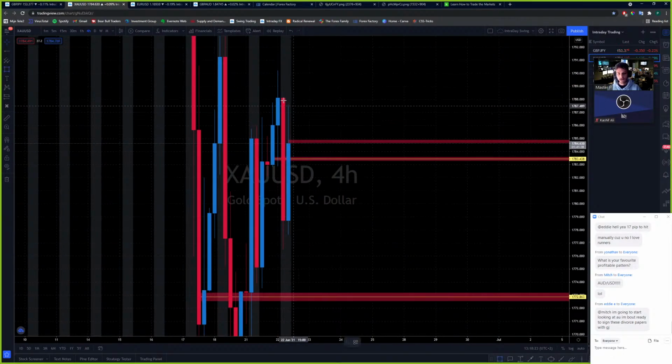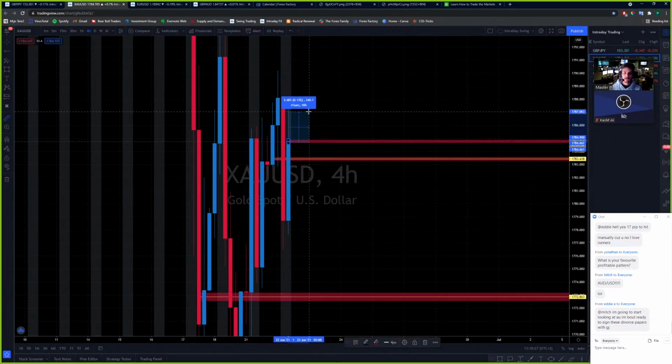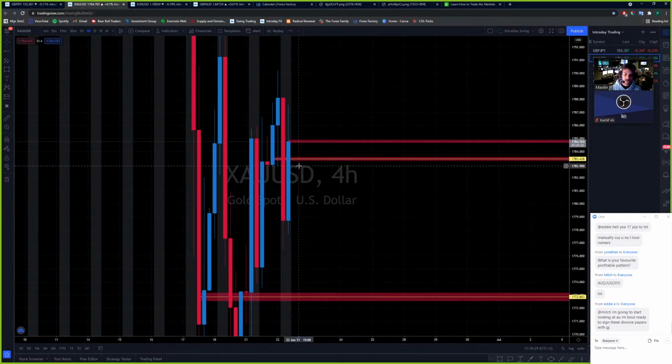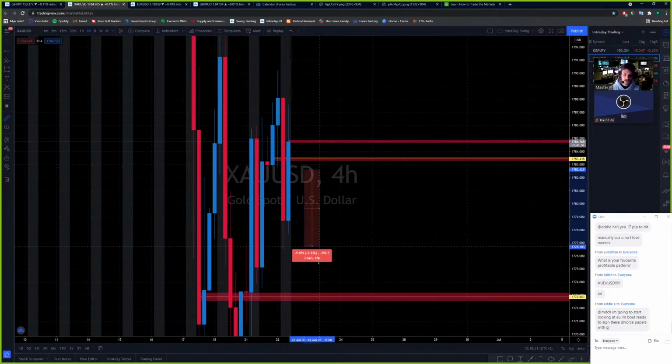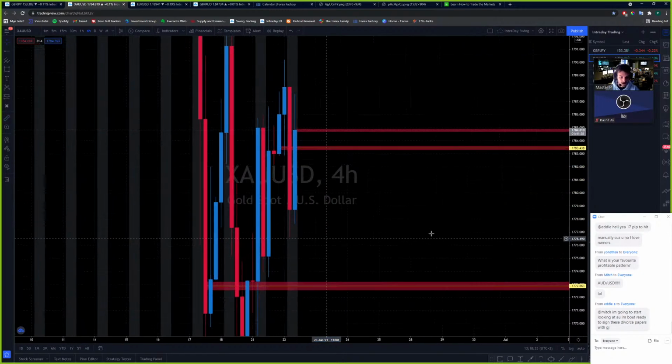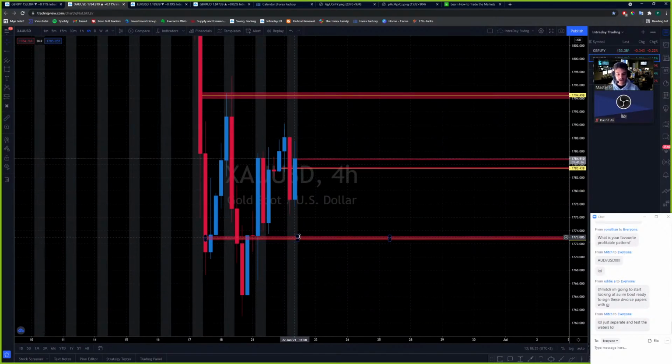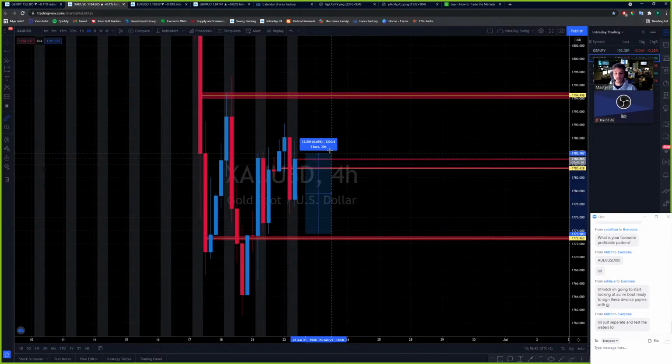It seems like we're basically rejecting this level, which is why I didn't want to take buys coming up to the level. I was more looking for maybe sells at this level to flip the 4-hour bearish. And buys, I was looking at them once, if the 4-hour could wick down to here, I would be looking for buys towards this level to flip the 4-hour back bullish again.